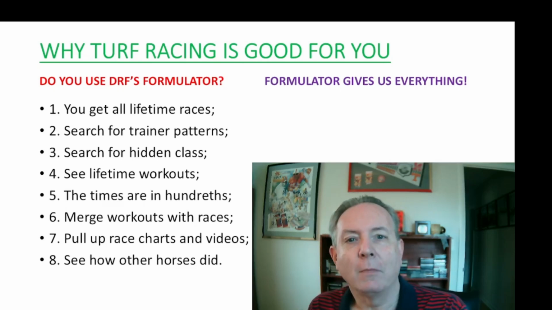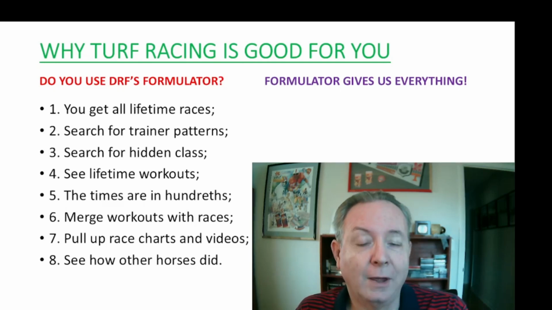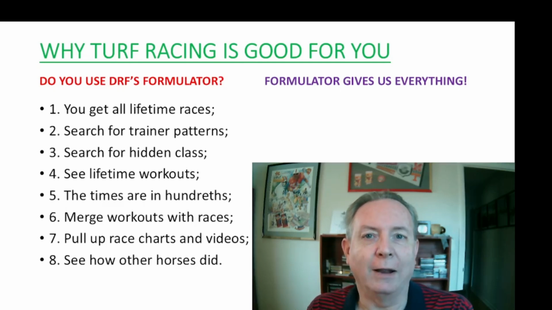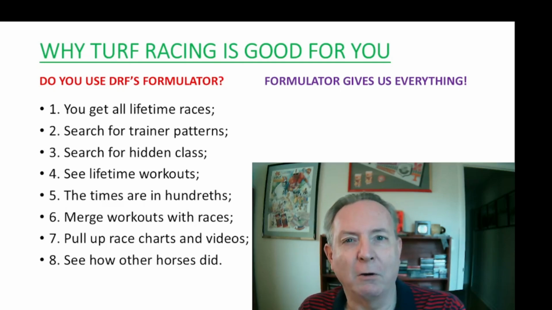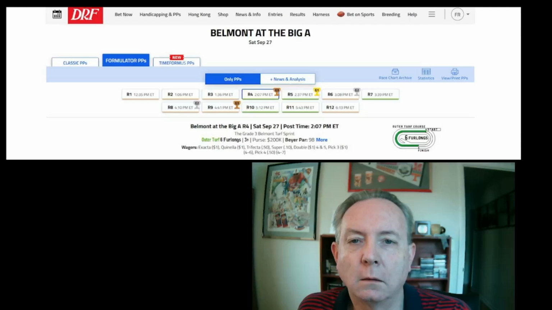And last but not least, you can see how the horses in your race, again, have done since the last time that the two horses raced together. If there's two that are now maybe racing against each other, you can get a really good idea of the true class level. But let's look at some examples.